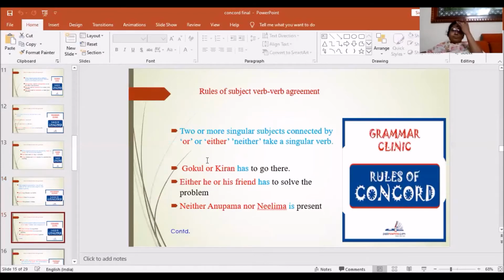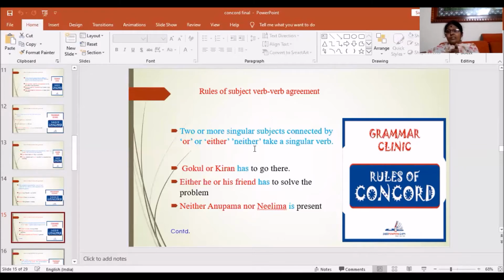Next, rules of subject verb agreement. Next rule. Two or more singular subjects connected by or, either, neither, nor take a singular verb, right?